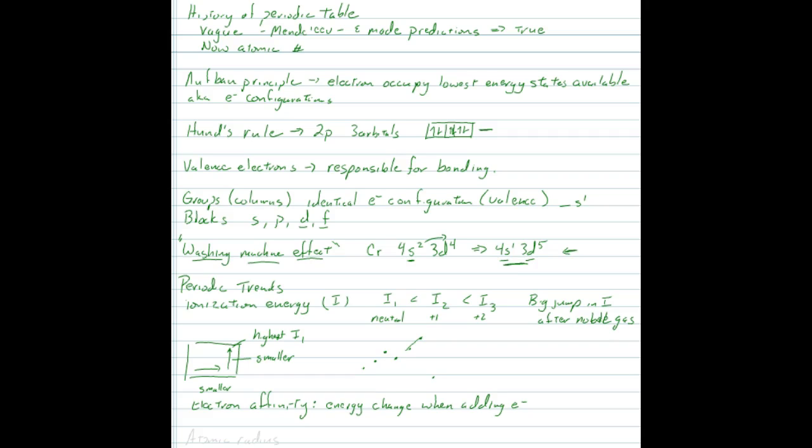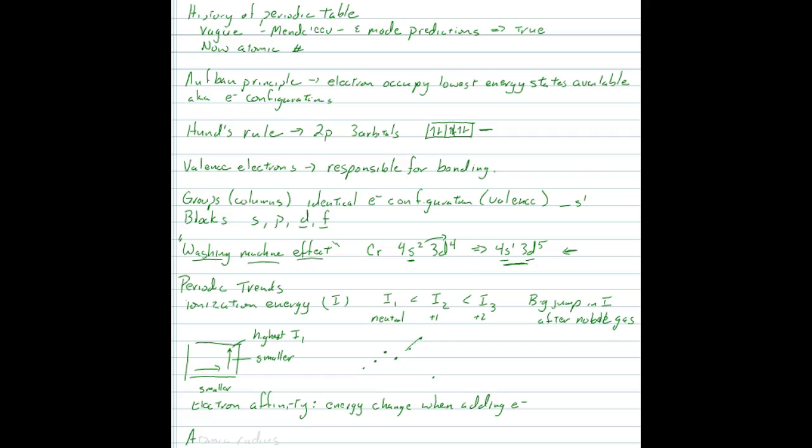The halogens are the most energetic. They love to grab an electron, hence the -1 charge on most of the halogens. Noble gases don't react at all, so they have 0 energy. Some of the metals, you have to add a lot of energy just to get them to accept an electron if they don't want to.